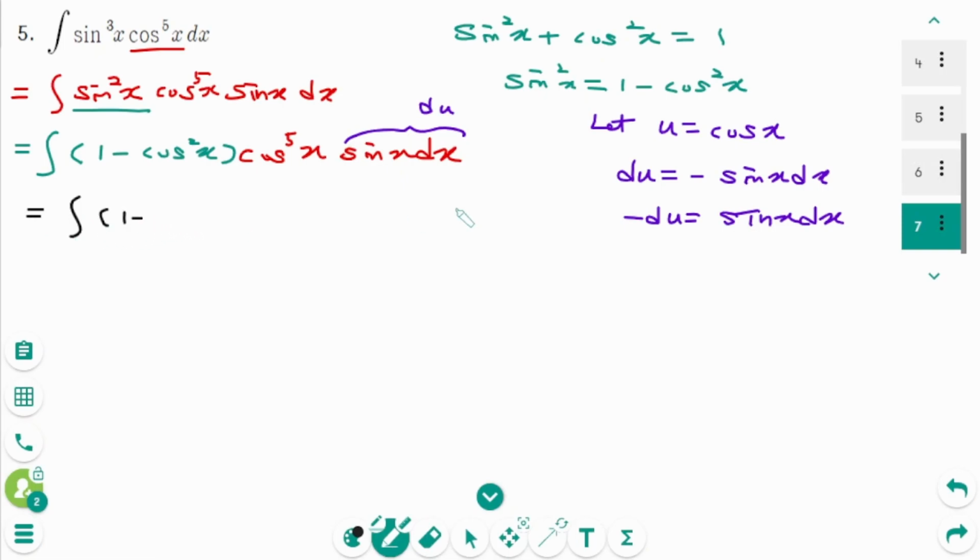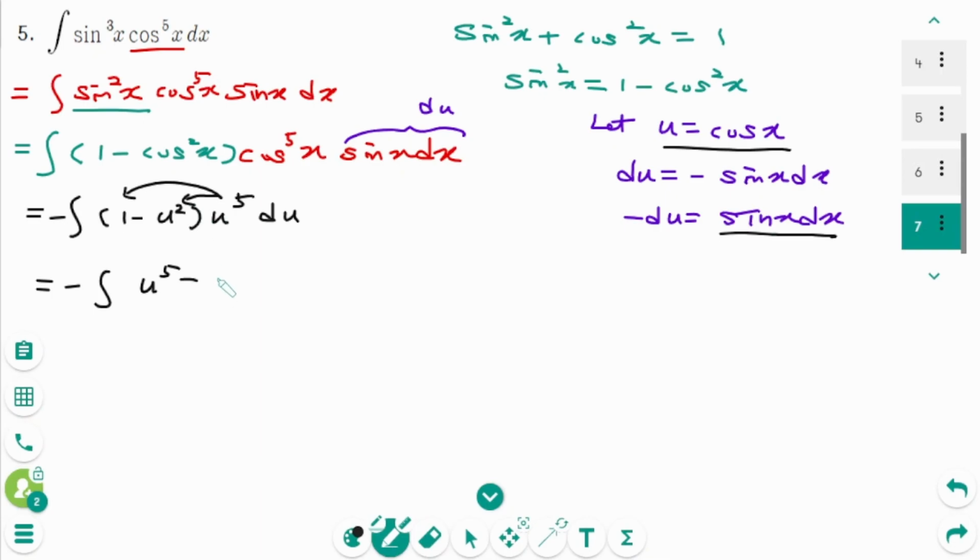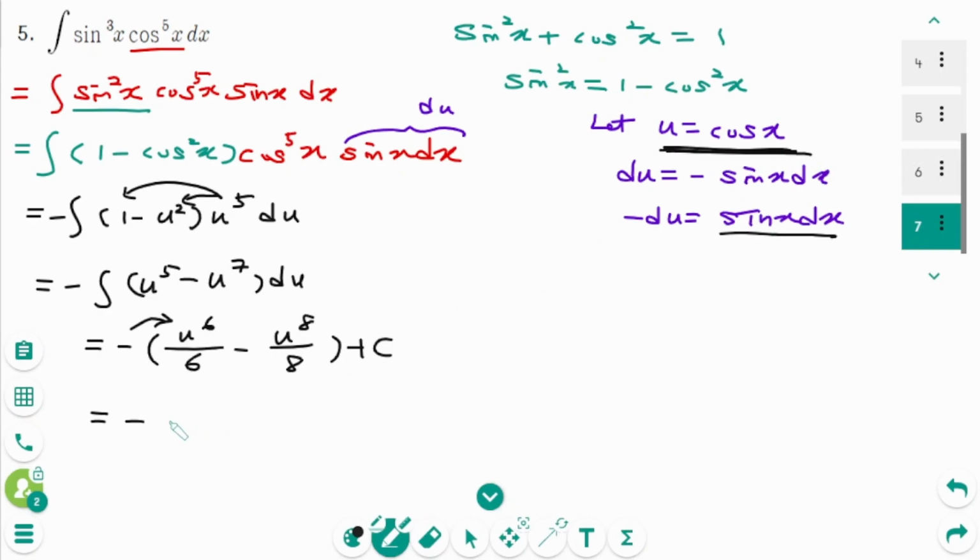So integral 1 minus u squared, where u equals cosine, then u to the power of 5, sine x dx is minus du, then expand u to the power of 5 minus u to the power of 7 du equals minus u to the power of 6 over 6 minus u to the power of 8 over 8 plus c equals minus, u was cosine x, then cosine to the power of 6 over 6 plus cosine to the power of 8 over 8 plus c.